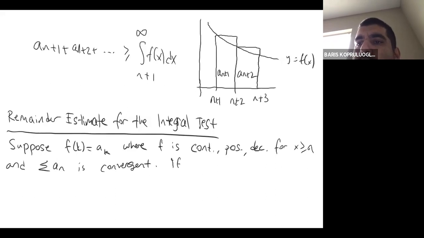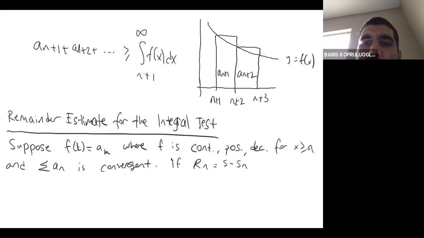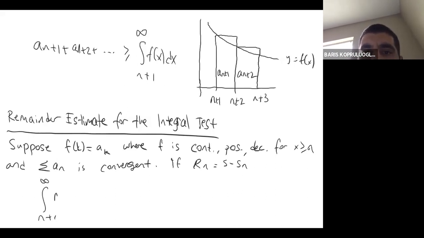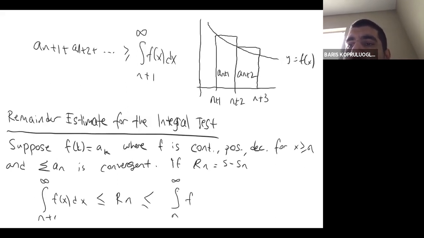If we represent the error made approximating S with S_n, in other words R_n is S minus S_n, then we can write the integral of f from n plus 1 to infinity is less than or equal to R_n, as we just found, and R_n is less than or equal to the integral of f from n to infinity.